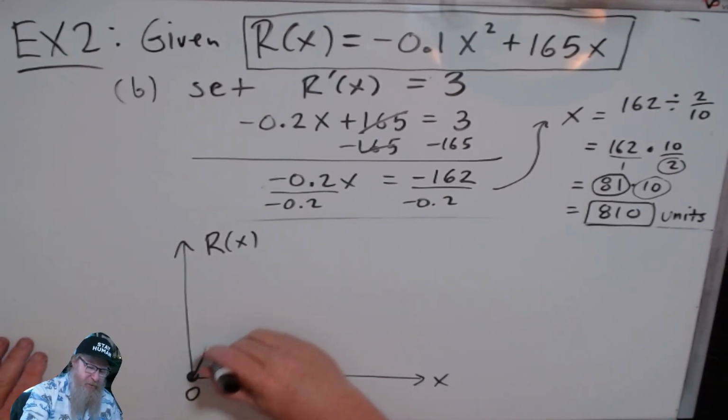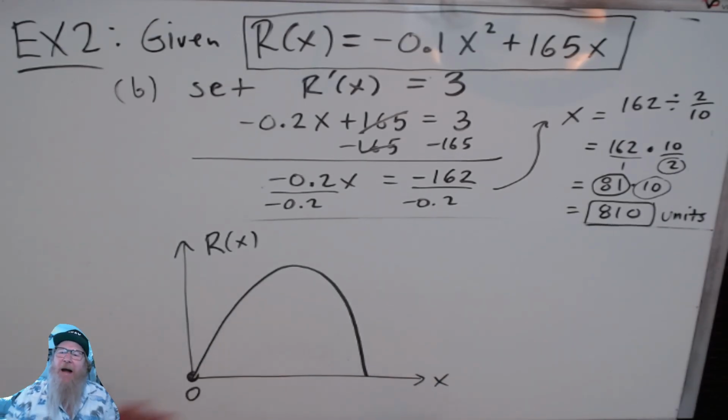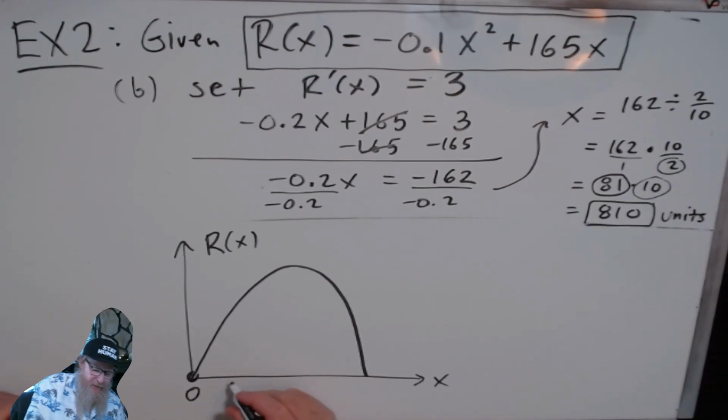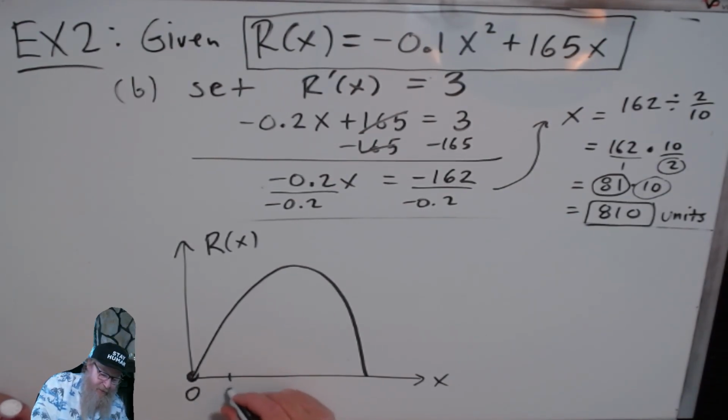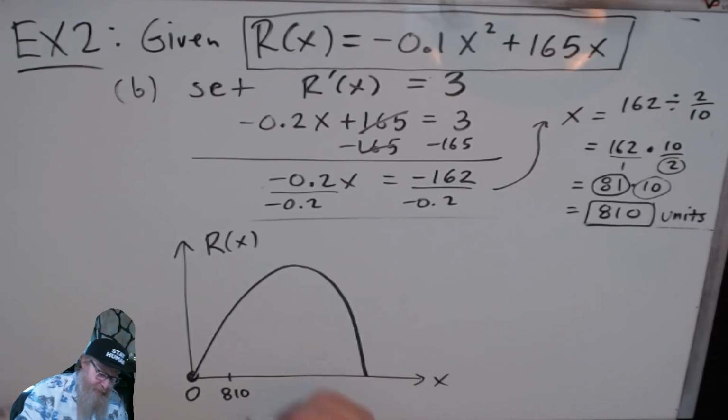And then the revenue goes up, and then it comes back down. Yeah, just like the gravity problems that we did. And so somewhere right about here is 810. Again, I'm not being super precise.